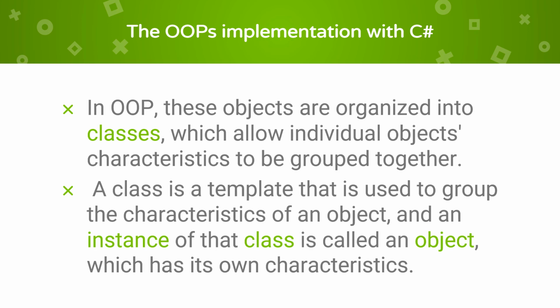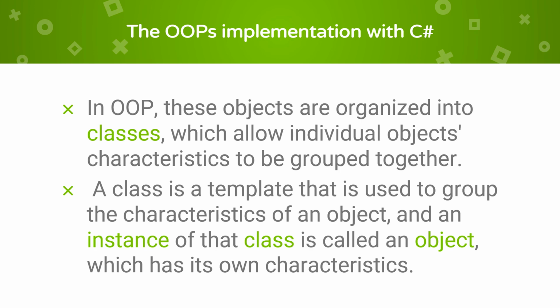So here in the previous example we talked about the human being, pencil and cell phone. These are the classes here in C#, which contain multiple data members and member functions which are used to identify the characteristics of that object, right?